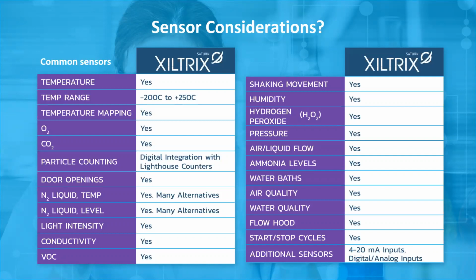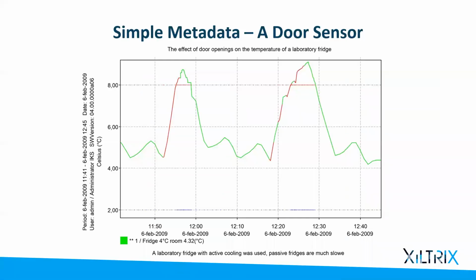And that goes to air quality, water quality, stop cycles, and the technology is available to integrate all of that to give you meaningful information. But meaningful information means the introduction of a concept of metadata. So Han, if I can ask you to take the people through this example of just a door sensor.